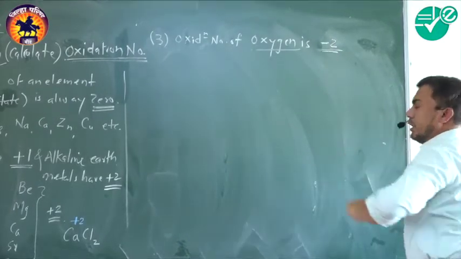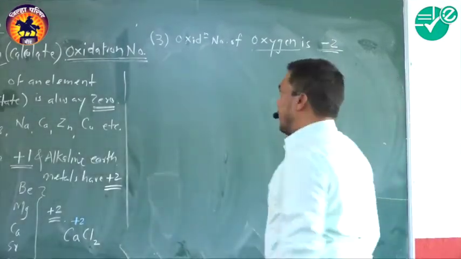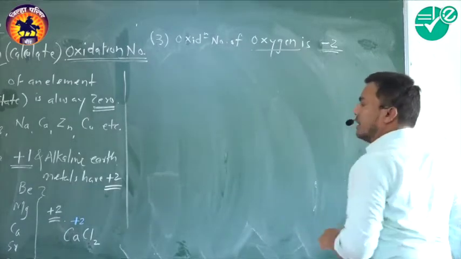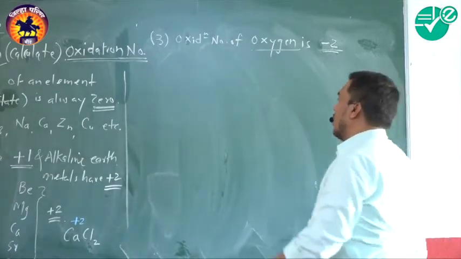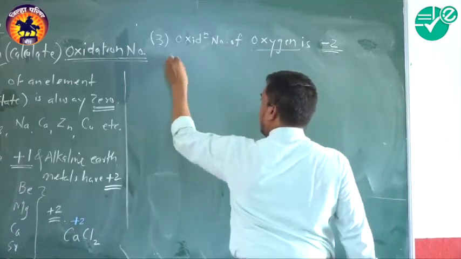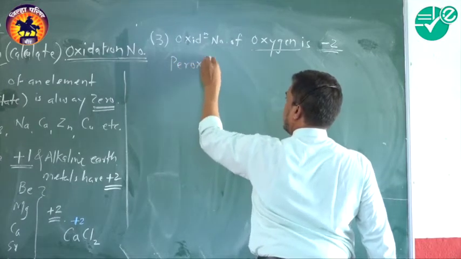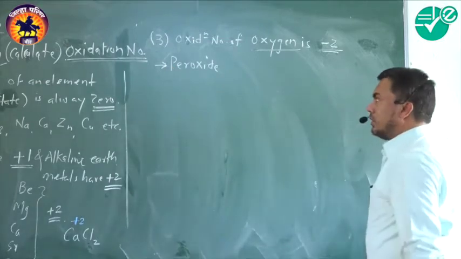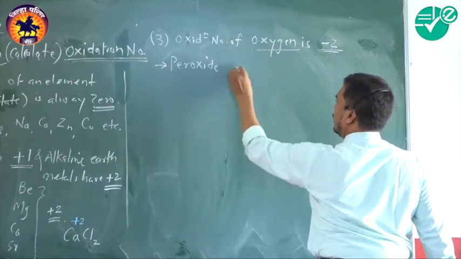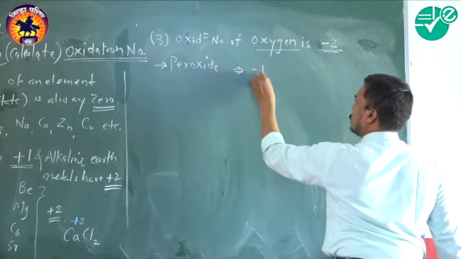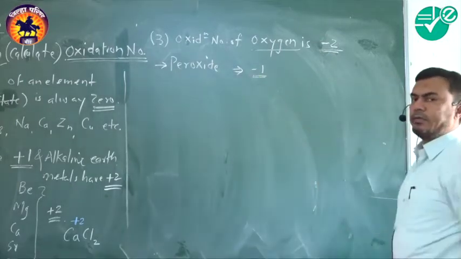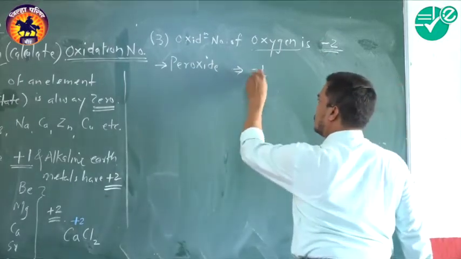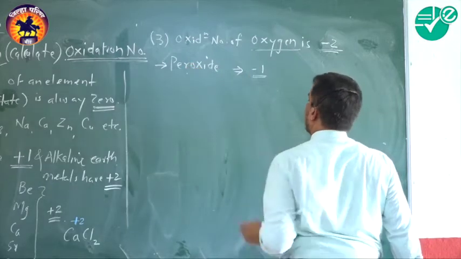Remember, in general oxygen shows -2 oxidation state, but there is an exceptional case. In peroxide compounds, the oxidation state of oxygen is -1. Remember, underline the -1 oxidation state of oxygen in peroxide.